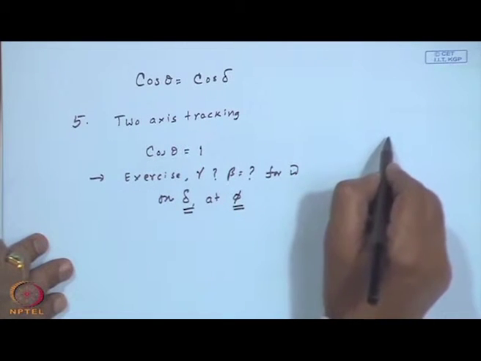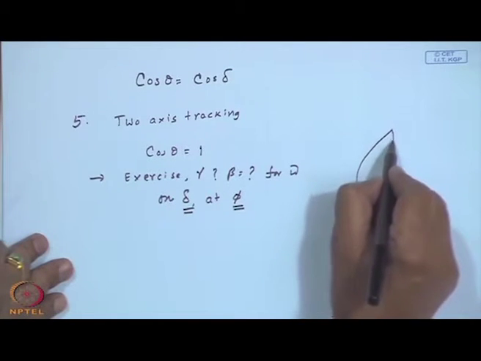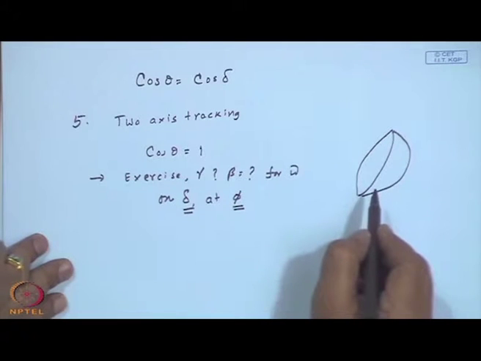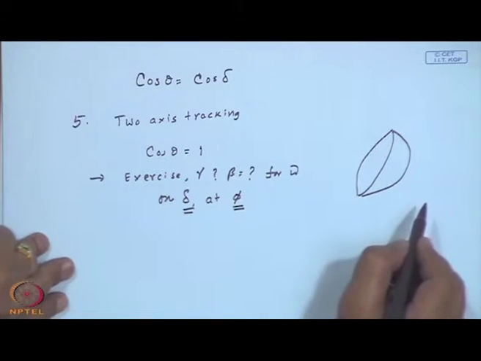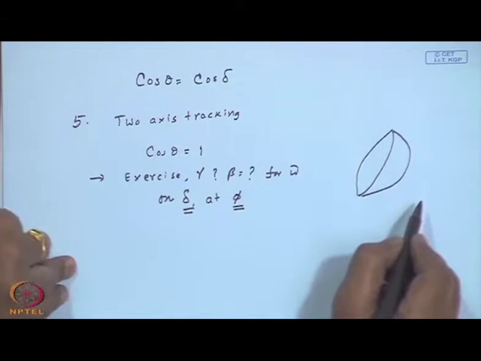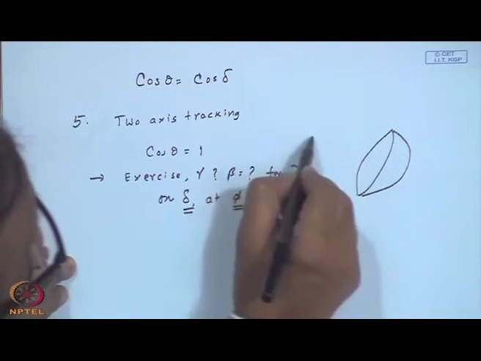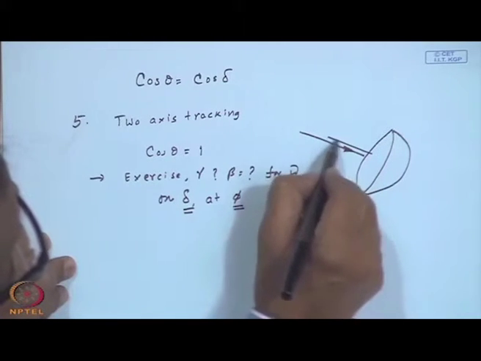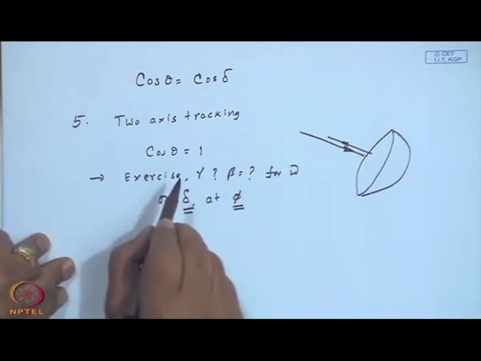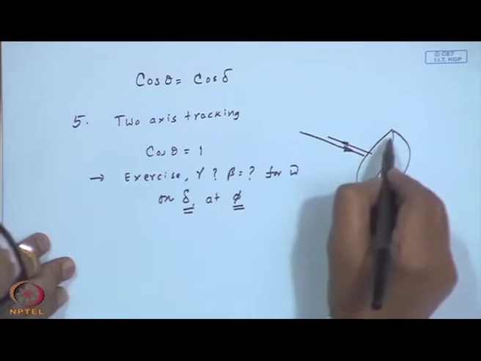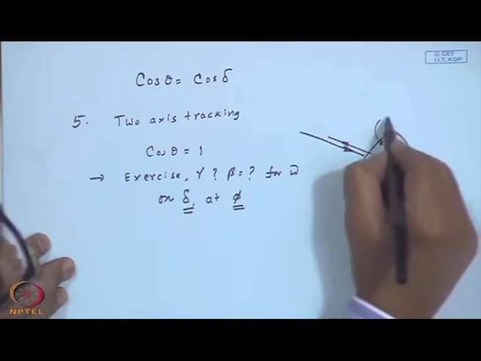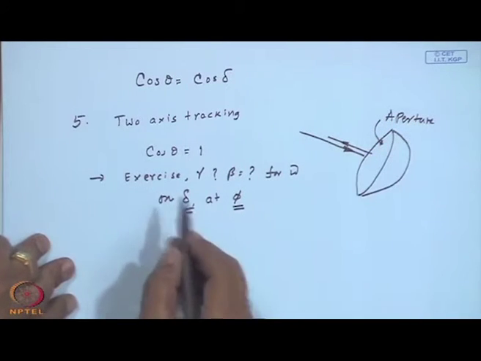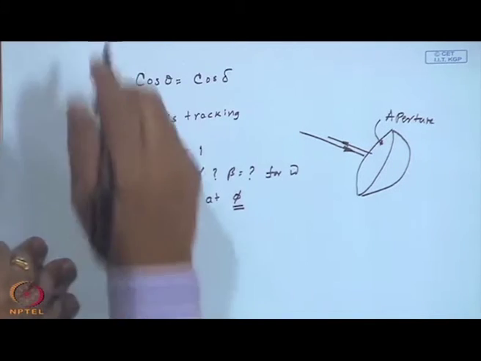In other words, if you have, let us say, a paraboloidal dish, it will be moving from east to west. In so doing, the north south axis will be at different tilts. Always the sun's rays are parallel to the outer normal to the aperture plane, which may be called the aperture. So, cos theta is equal to 1.